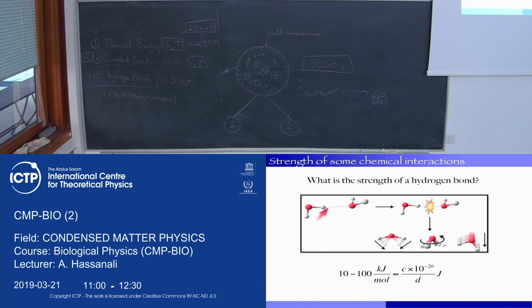Too complicated. I want something simpler. Particle in the box. So I want my particle as the electron, and it has a localization or delocalization length.